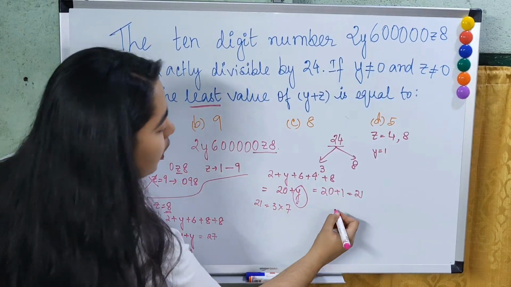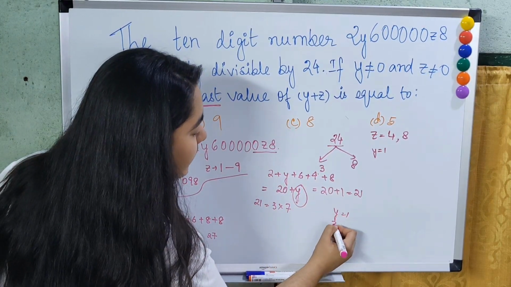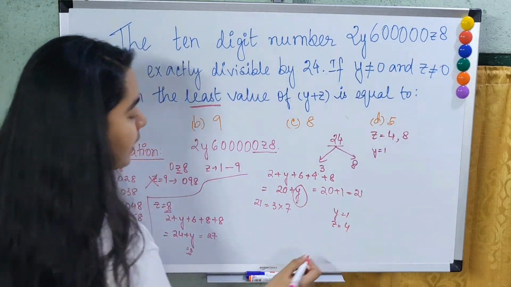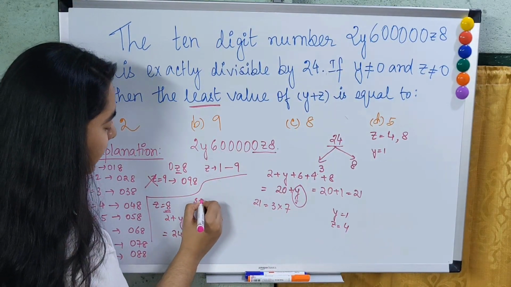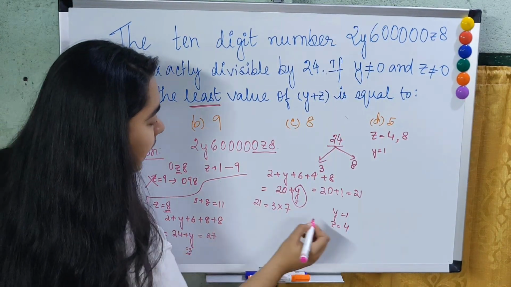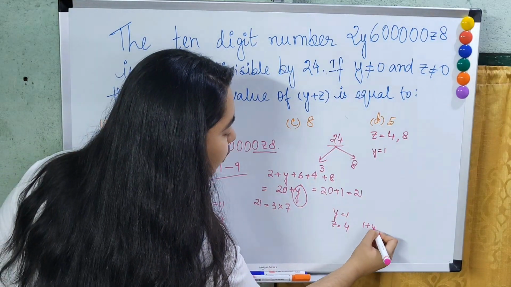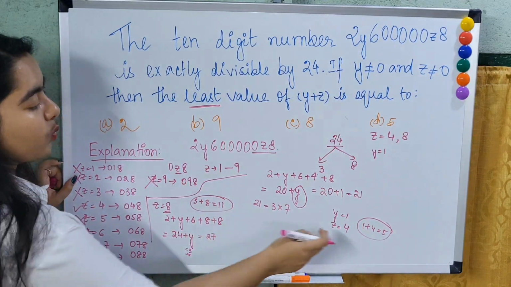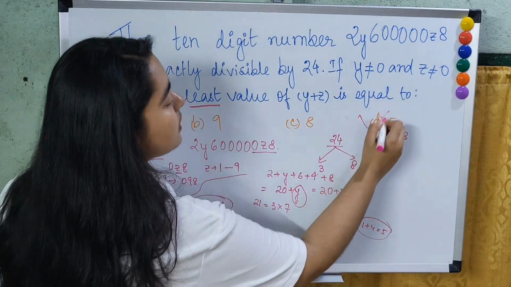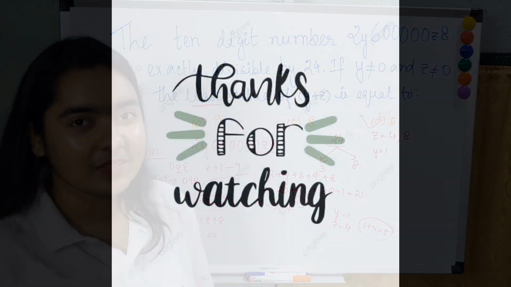But earlier we got y is 1 and z is equal to 4. So on addition, which is the least one? This is 3 plus 8, which is 11, and this is 1 plus 4, which is 5. Now what is the least number among these two? Which is 5. Hence the correct option is D. Okay. Thank you.